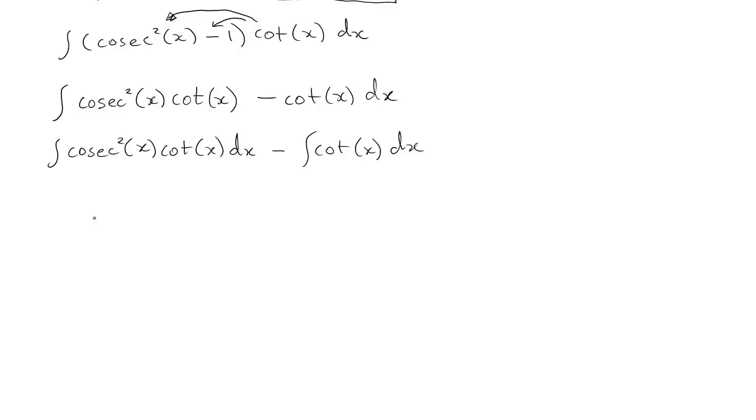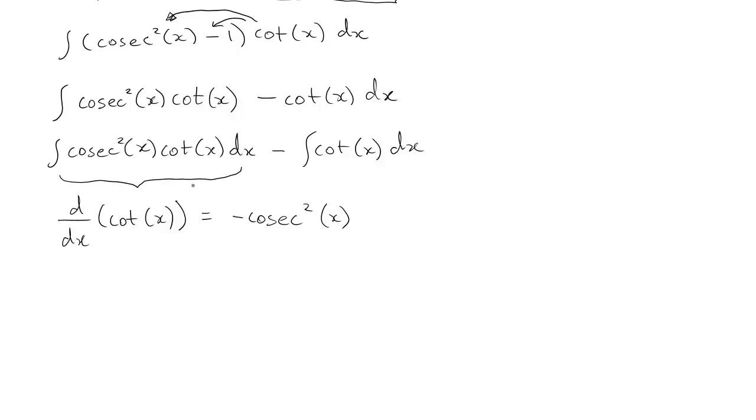We've already seen a relationship in the identity, but this is also a very important one: when you differentiate cot x, it's equivalent to negative cosec squared x. I really recommend putting this into your reference.